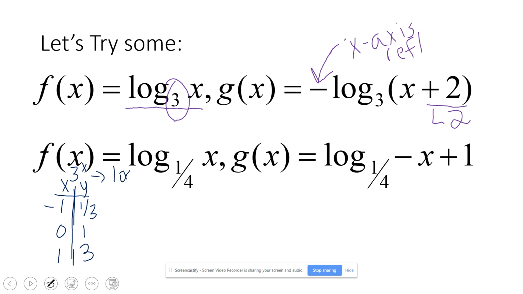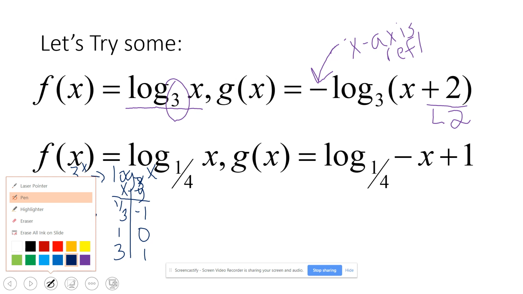Now remember, this becomes log base 3 of x. And so since they are inverse functions, our x and our y trade spots. We don't change the signs, we don't change the order, they just literally flip spots. So here is now our parent function.